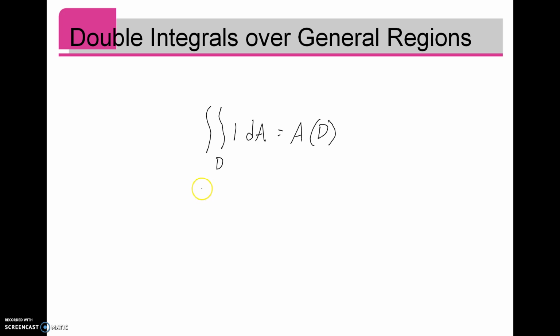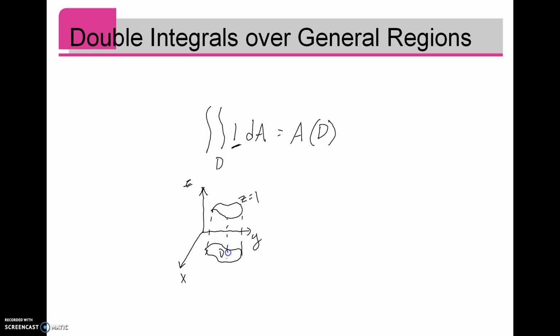If you got, let's draw this. Z, Y, X. And say we have some general region D in which we've got our Z, which equals 1. Here, 1. And we're trying to find the volume.